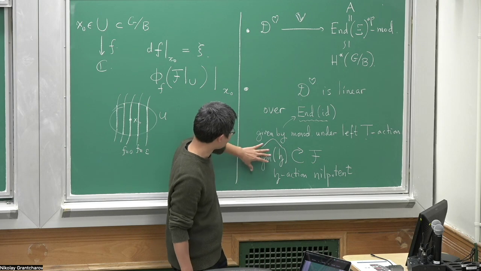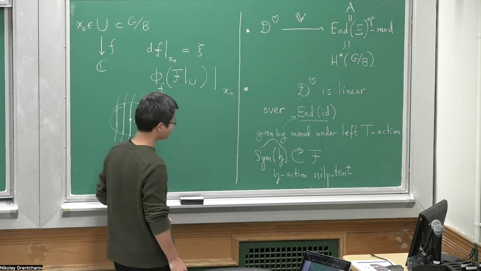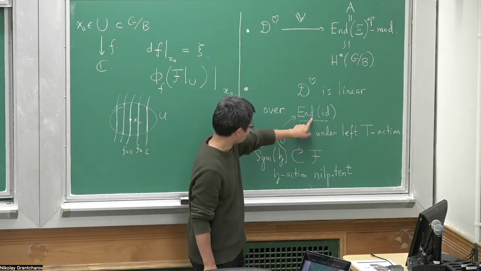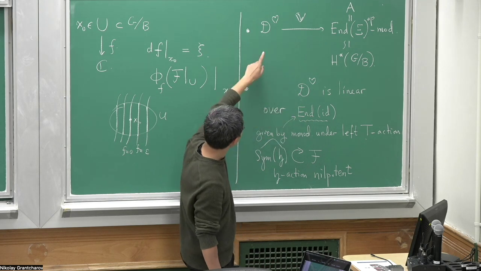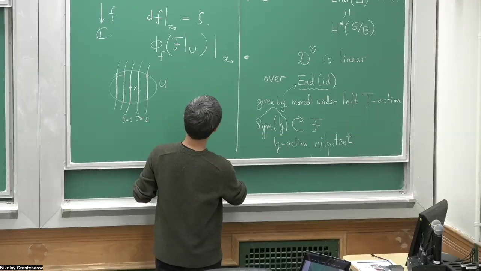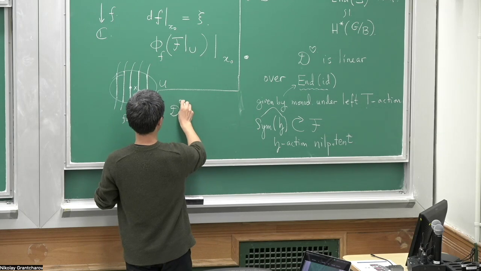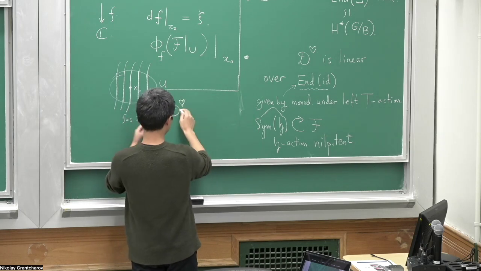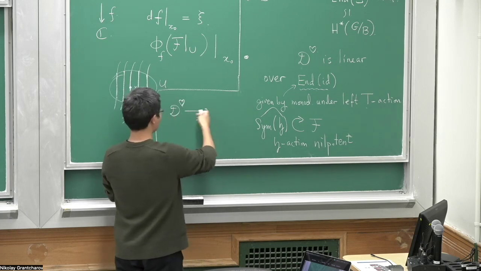This gives all elements in the center of this category. So again, tautologically, the functor from this category can be upgraded. Any functor from any abelian category can be upgraded to a module over its center.